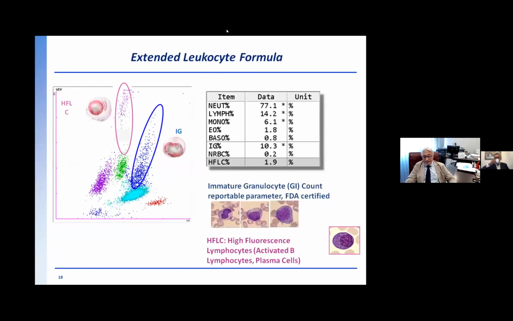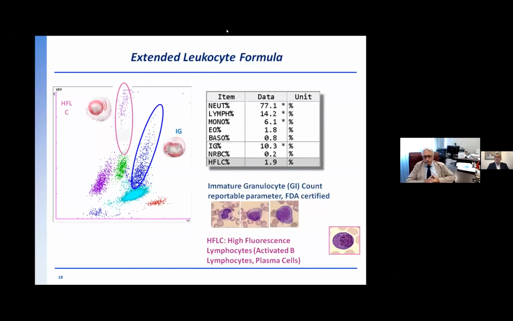And there you can see to the left a fluorescence cytogram as against the scattergram, in addition to the three main cell classes, neutrophils, monocytes, and lymphocytes, eosinophils and basophils.